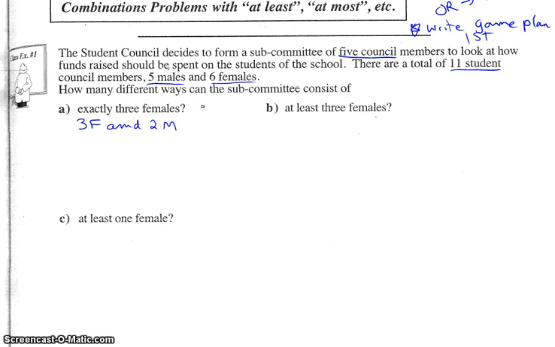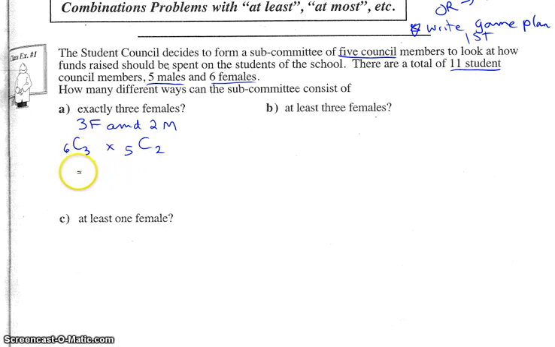So 3 females. We better choose from the females. So there's 6, and we're choosing 3, times 2 males, which is 5 we're choosing from because there's 5 males, and we're choosing 2 of them. That first number always has to be bigger because that's how many you're choosing from, and the second number is what you're choosing.